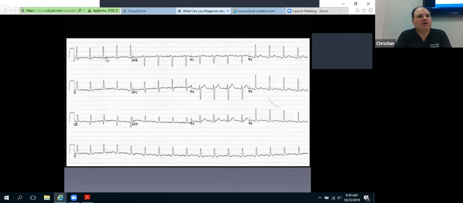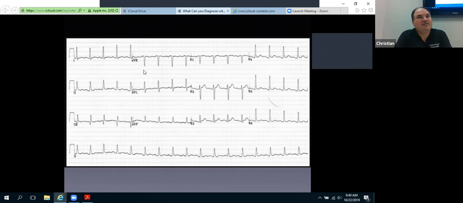You see the upward going lead 1, upward 2. We're getting somewhat isoelectric because you're seeing some negative in lead 3 and AVL. In lead 3 you're seeing some negative and positive, but mostly positive, right? Because it's mostly inferior.